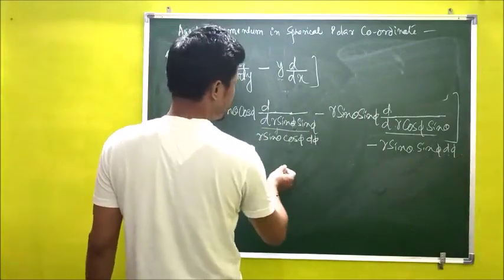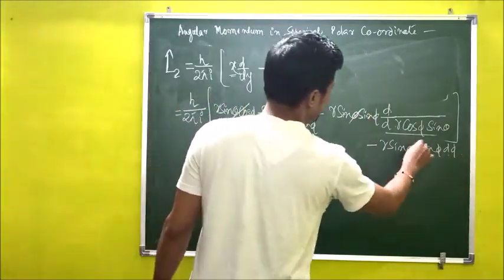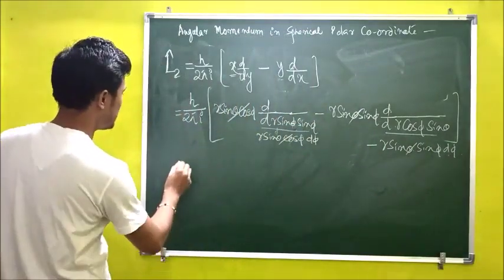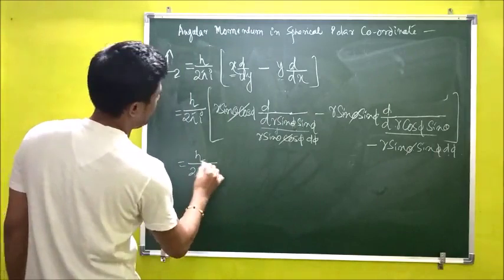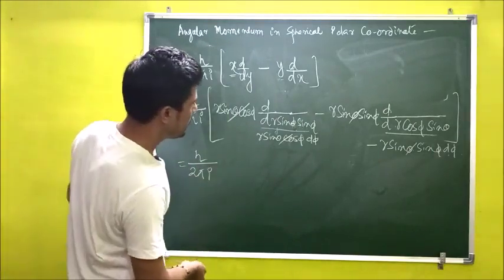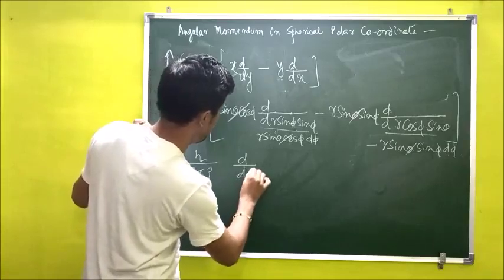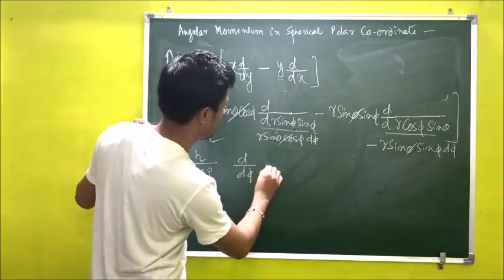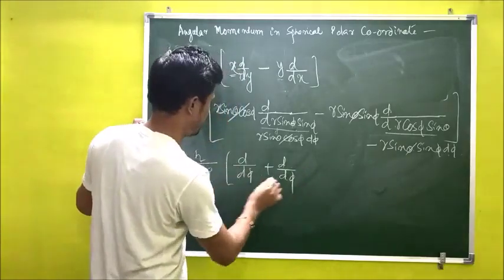This minus minus will cancel out, the whole term will cancel out, and we will just have d of d phi and plus d of d phi.